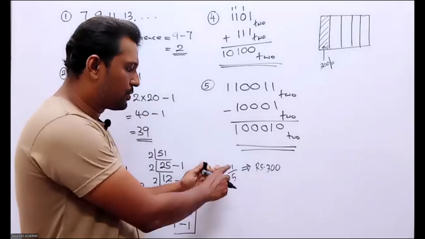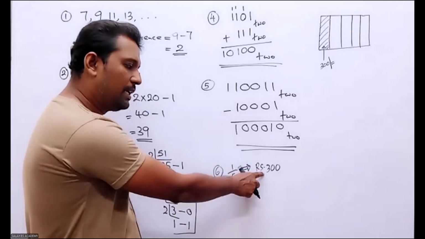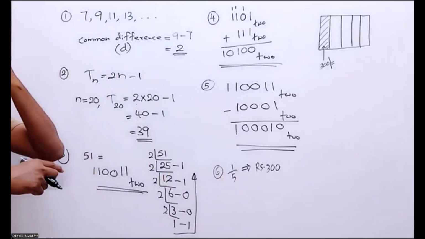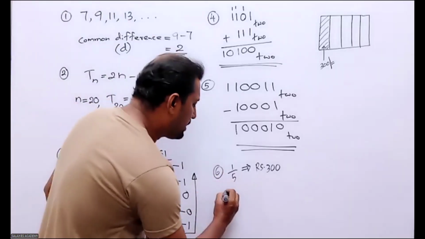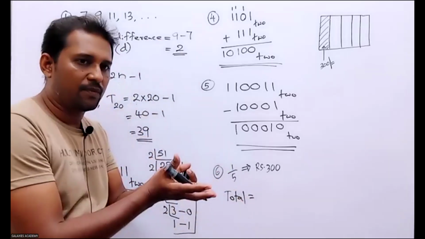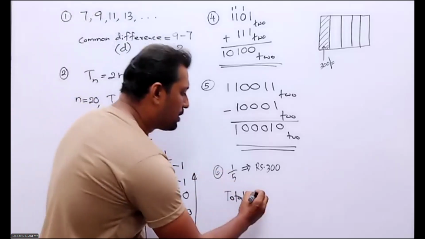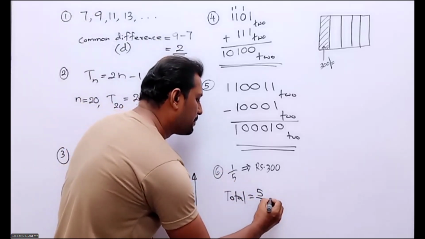That means you can also think like this. 1 over 5 is equal to 300. Then you have to find the total. Total means what? If you divide the total amount into 5 parts, the total means 5 over 5. Right?